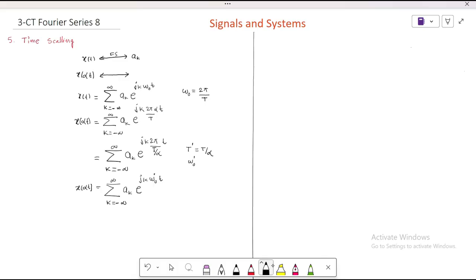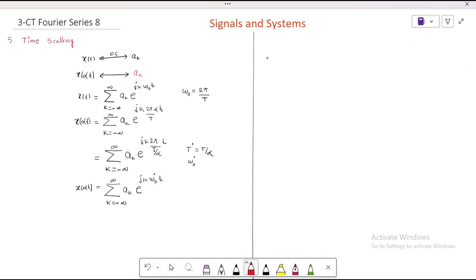Only the time period will change. So in this case, even though the time domain signal is changing, we get the same ak.